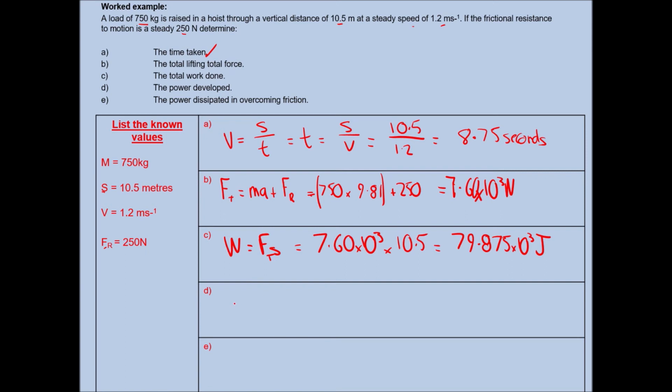Okay. Next bit, we've got power. Power is equal to, and we're talking average power here, work done divided by time. So the reason we're having to do these in this specific order is that to calculate power we need work, and to get work we need force. So we're going to pop in 79.875 times 10 to the 3, and we're going to divide that by the time taken, so it's 8.75.